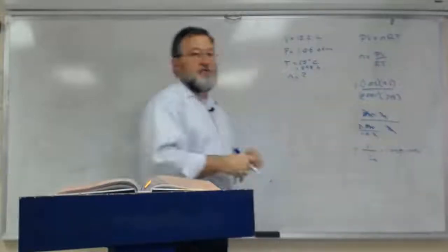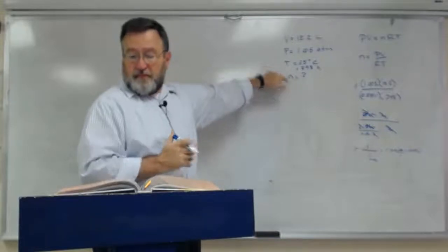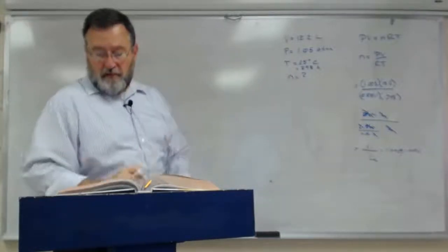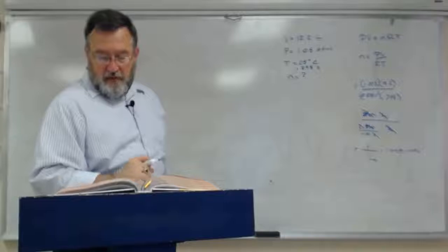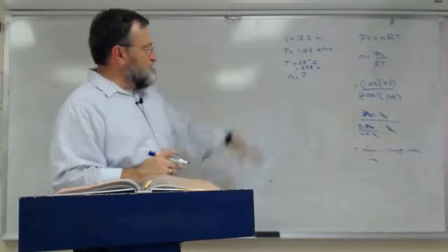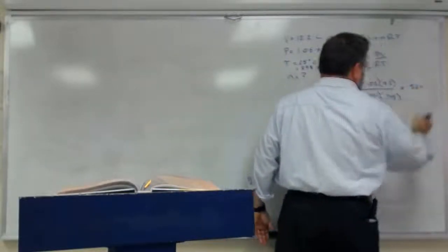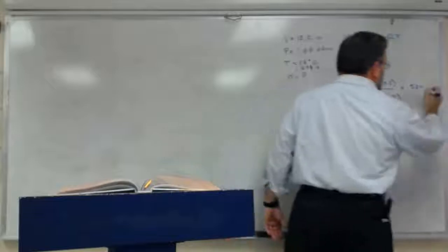So I'm solving for moles, my N. And you can see on top of 405 that this math comes out to be 0.524. 0.524 what? Moles.